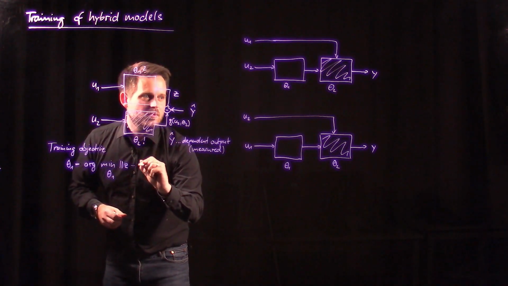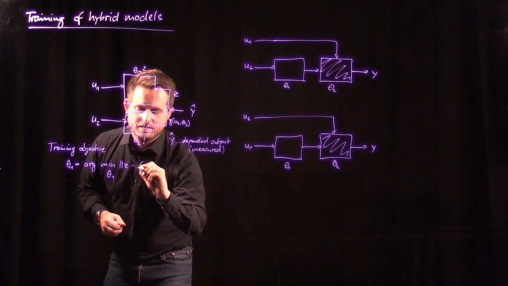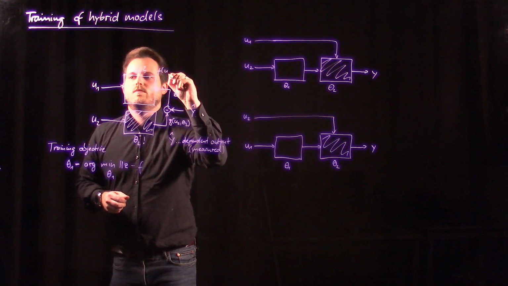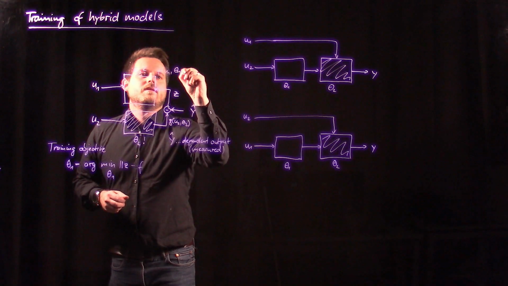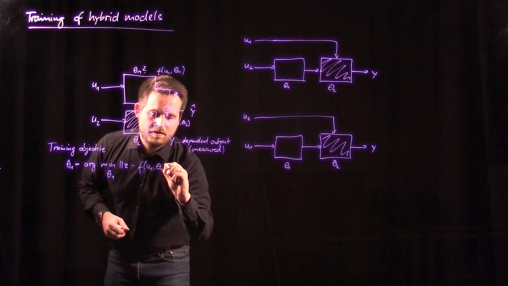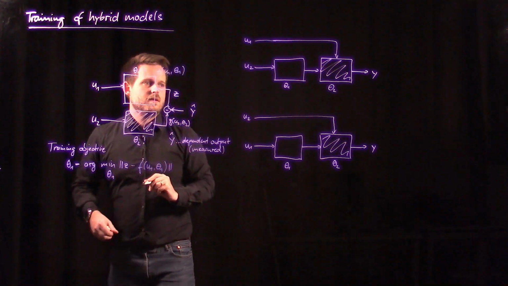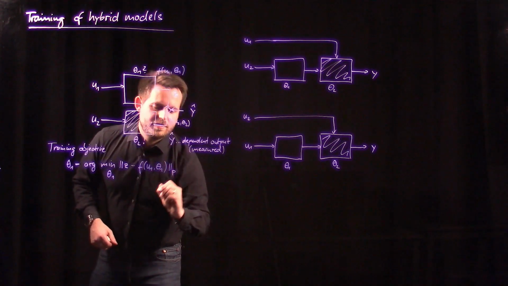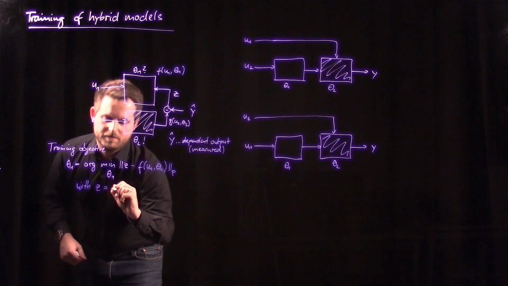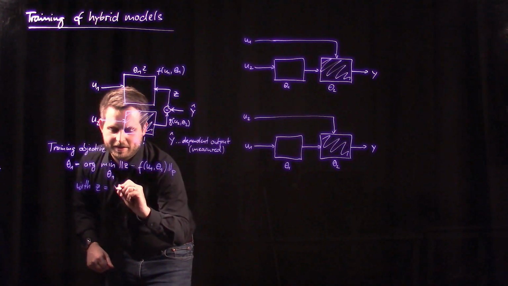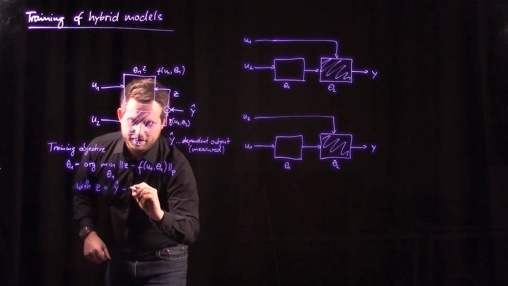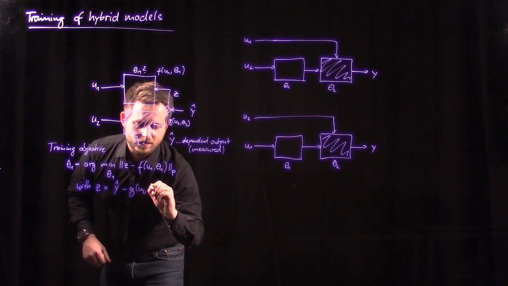And yeah, the norm of this output minus what is coming out here, and this is basically f from u1 and theta1. This is some kind of norm with, and here I write down Z. I already explained it. This is the difference between the measured values minus what you get from your white box model.